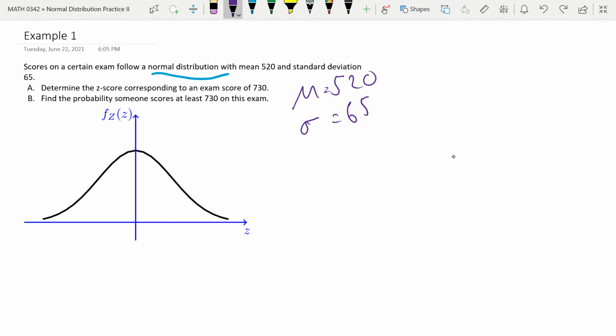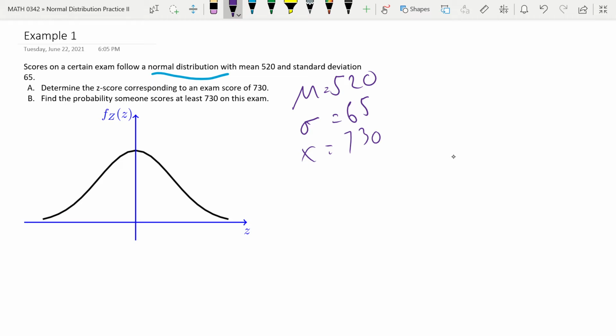The 730 is a data point from this distribution, and we'll call that our x. For part A, we need to figure out what an exam score of 730 looks like in the z distribution. Obviously, 730 is bigger than 520, so it should be to the right of the mean.